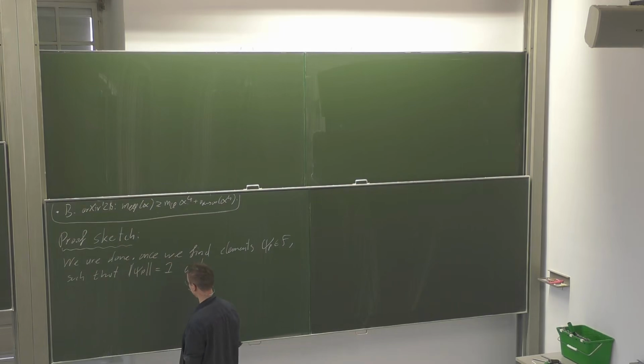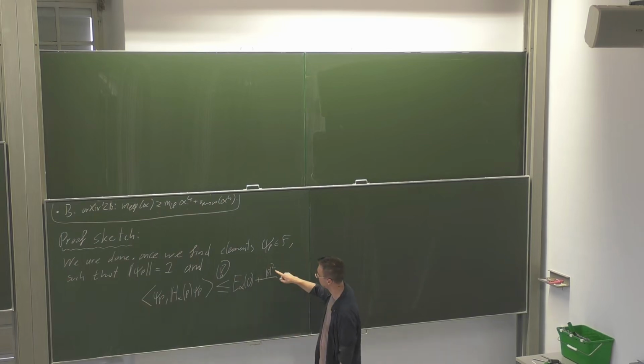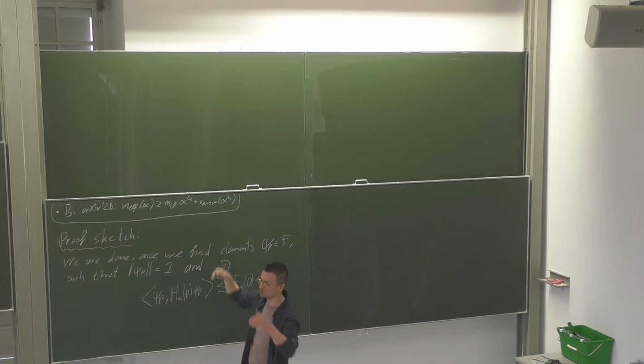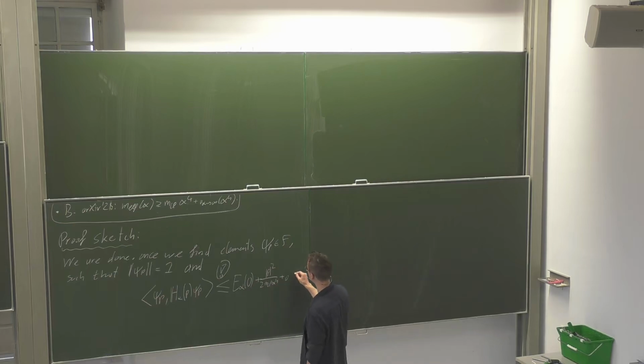But the crucial point is, if I look at the energy of this psi p, so I take psi p, I compute the energy at the p fiber operator, then what we want to show, so this is the difficult thing, I want to show that this is smaller or equal the ground state energy evaluated at 0 plus something that is consistent with the Landau-Pekar conjecture, namely p square divided by 2 times M_LP times alpha to the power 4, right? So this is exactly the green parabola I've drawn before. And then plus something that is small compared to p squared divided by alpha to the power 4.